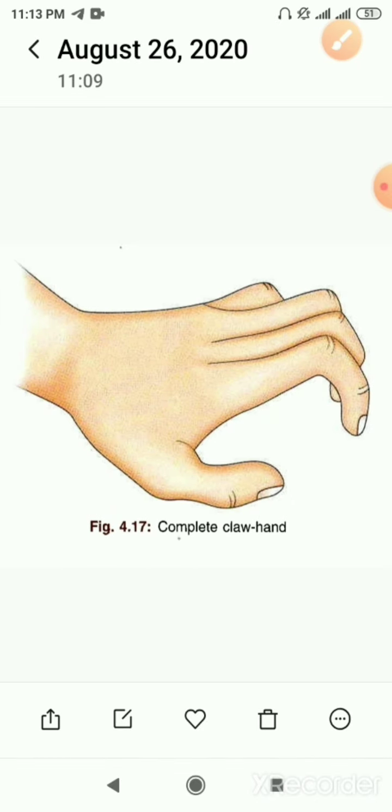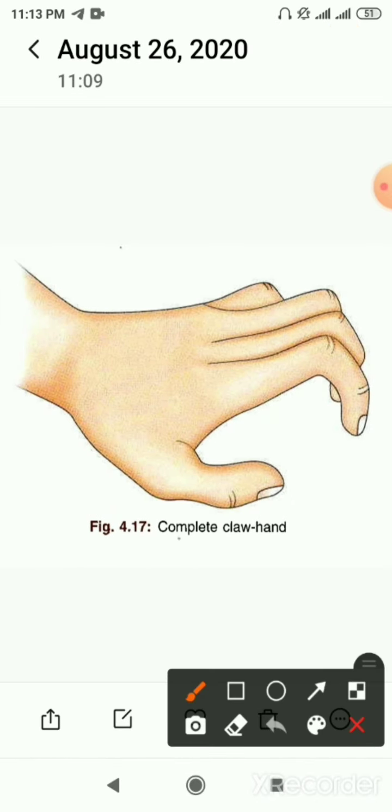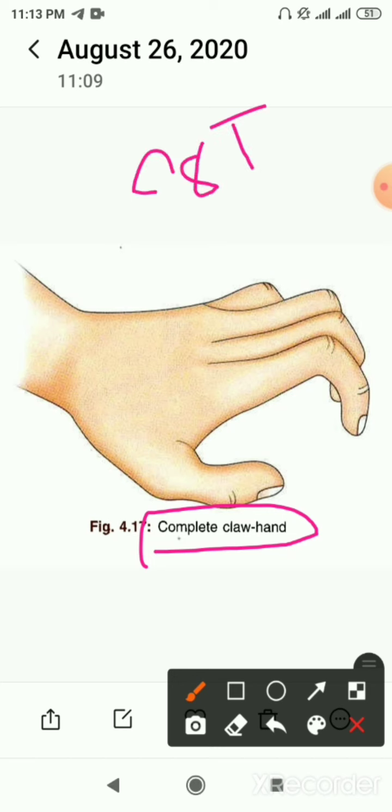So here is the clinical picture of Klumpke's paralysis. There will be complete claw hand, and the nerve roots involved are cervical 8 and thoracic 1. We told you that there will be hyperextension of the metacarpophalangeal joints. These are the metacarpophalangeal joints.